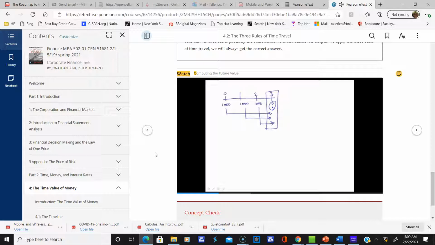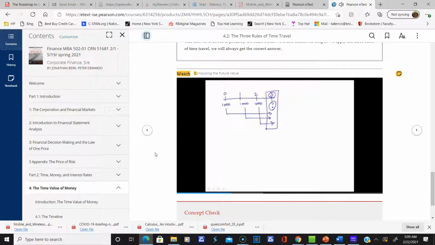You can't add $1,000 now to $1,000 in year one to $1,000 in year two. Those are different cash flows because they're at different points in time. Once we compute all the future values at year three, then we can add them up and we'll know how much we have. So that's what we did in the text.